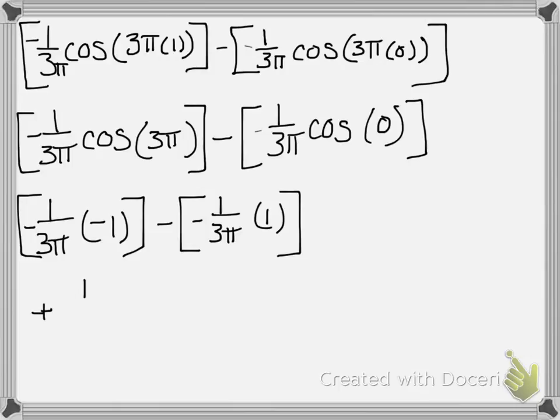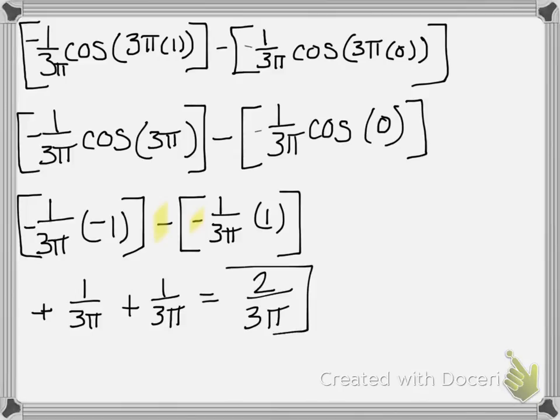So it's going to give us a positive 1 over 3 pi. And then we have minus a minus, which is going to give us a plus. And then 1 over 3 pi times 1 is going to be 1 over 3 pi. And so that should equal 2 over 3 pi as the final answer.